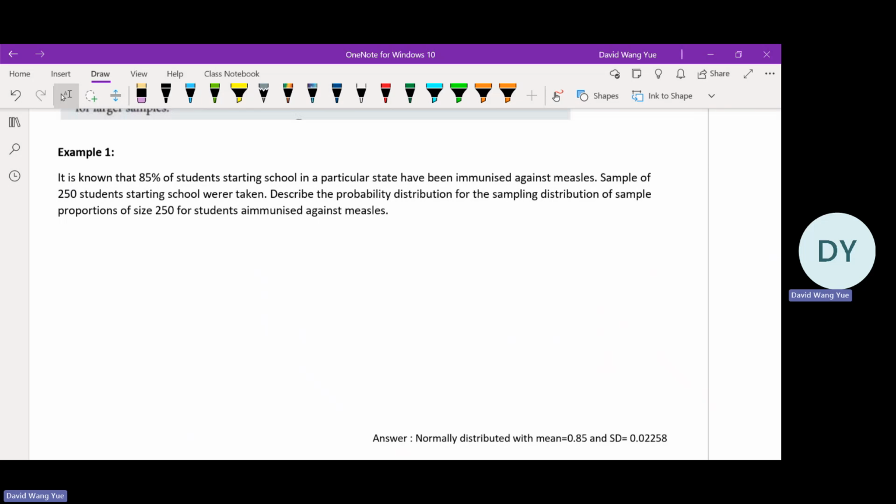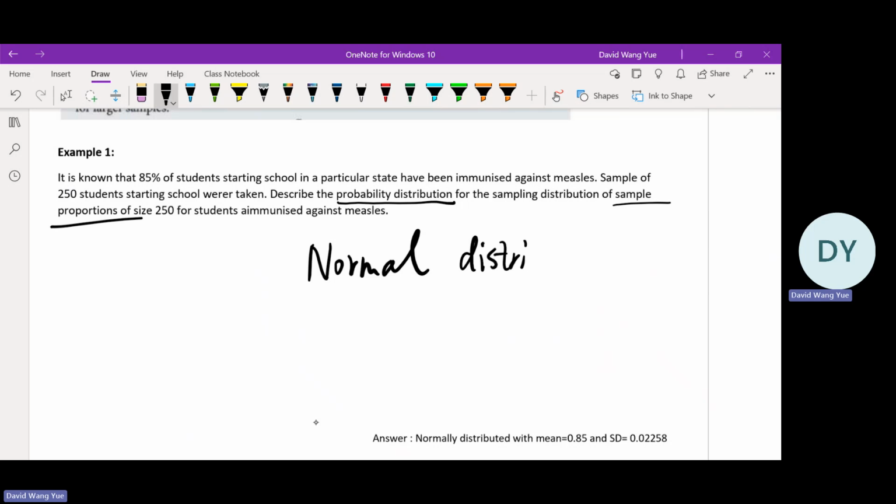They ask you to describe the probability distribution for the sample proportion, so of course it's normal. You may say approximately normal or normal, that's okay. But you cannot stop there. The normal distribution has two parameters, the mean and the standard deviation, so you also need to calculate those.